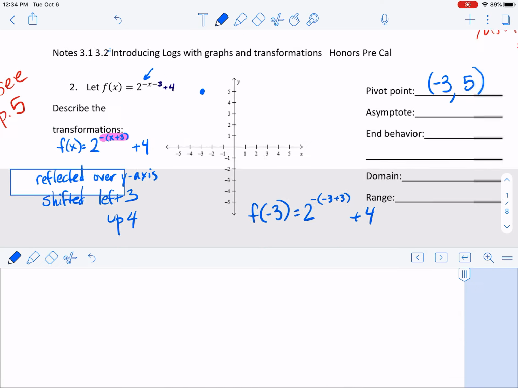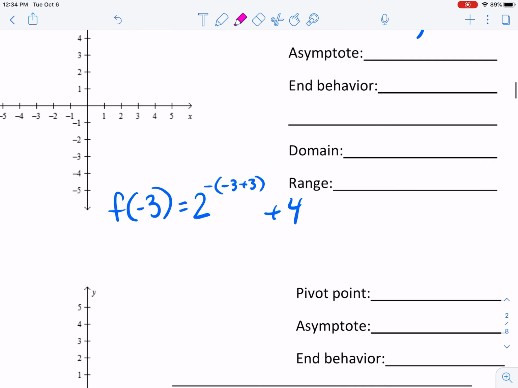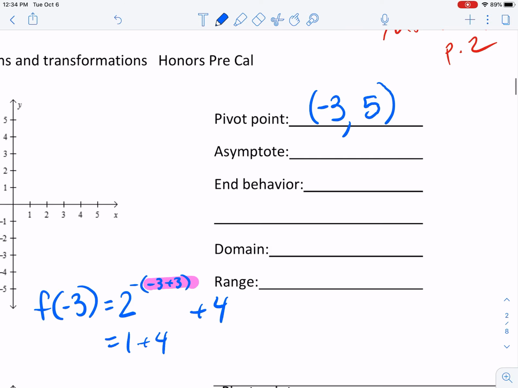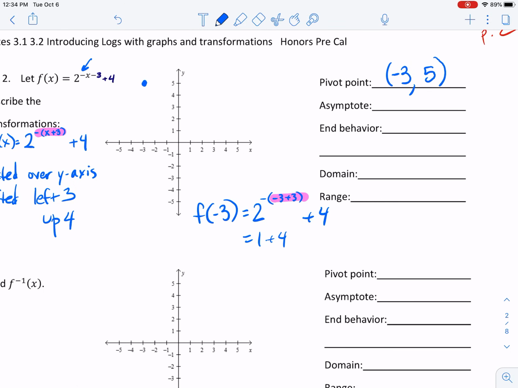This becomes 0, and anything to the 0 power is 1. This is equal to 1 plus 4, which is indeed 5. Okay, that's another way. So that might be easier than counting little spots on the graph. But I wanted to show you both options just to show you how they make sense.